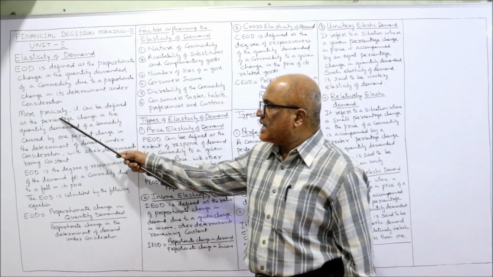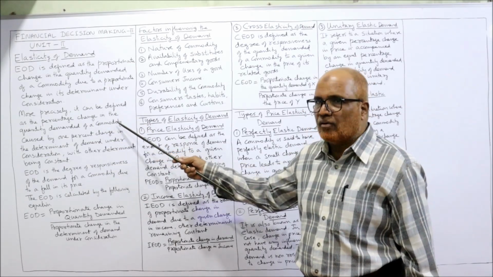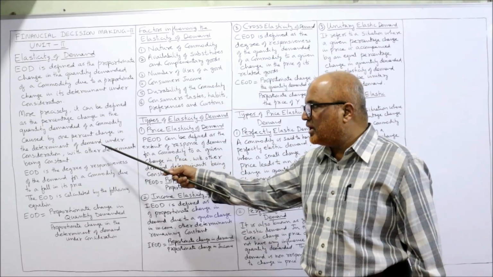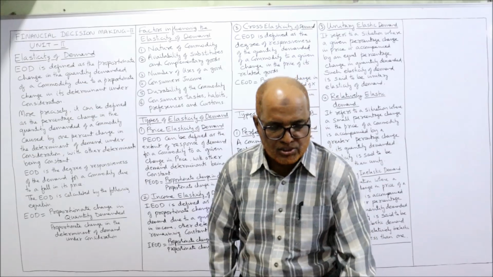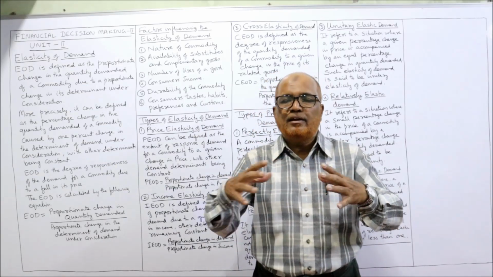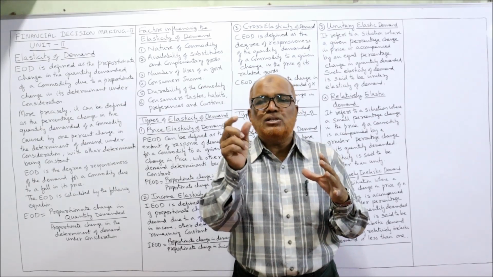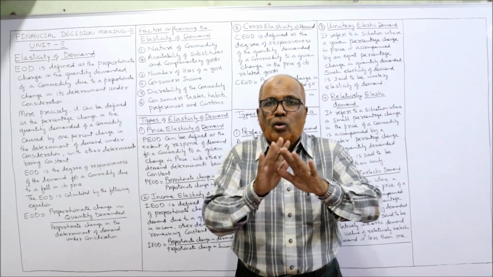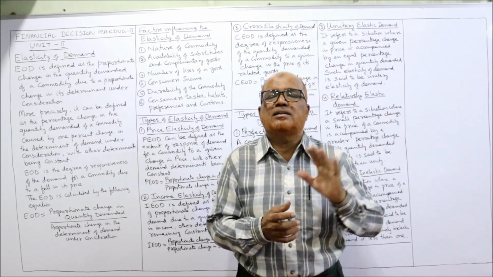Now, more precisely, it can be defined as the percentage change in quantity demanded of a commodity caused by 1% change in the determinant of demand under consideration, with other determinants being constant. I told you many determinants are there. We want to find out the elasticity of demand due to price. Only price I am taking, not other determinants, keeping the other determinants constant.